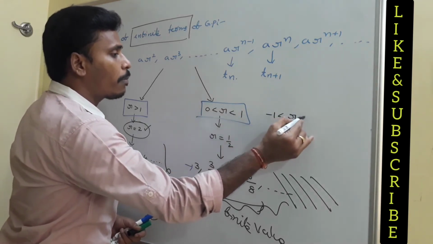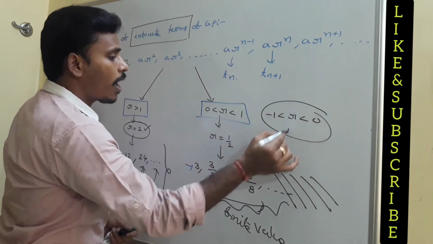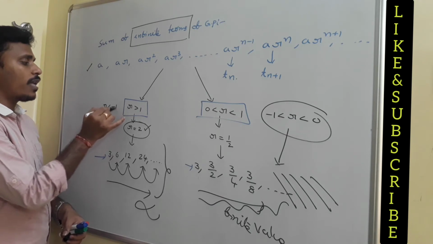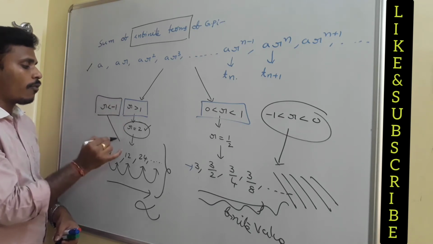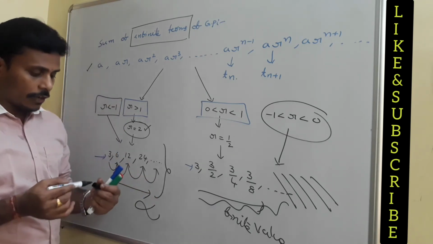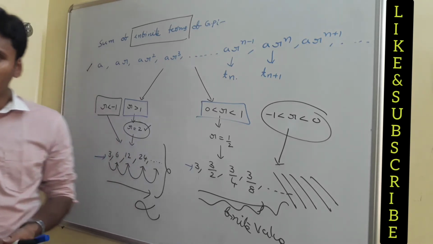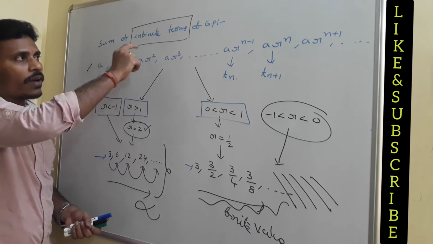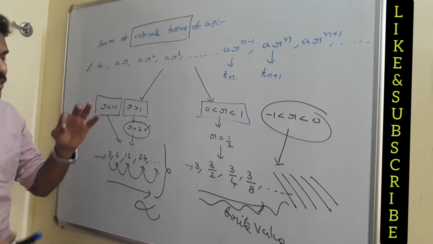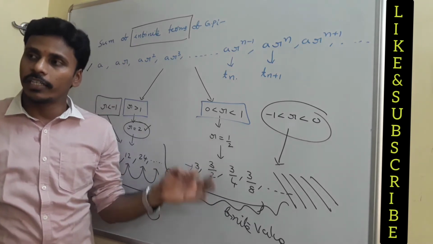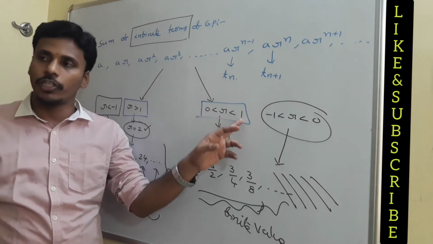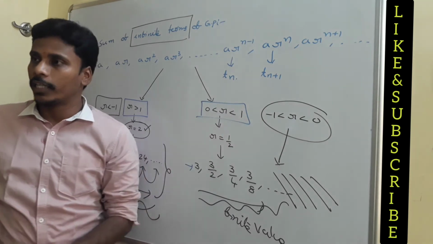If R is in between -1 and 0 also, you have a finite value for the infinite terms. If the R value is less than -1, then also the sum of infinite terms is infinity. I am concluding this discussion: the sum of infinite terms of the geometric progression exists, and its answer is a finite value, only if the common ratio is in between 0 and 1 or in between -1 and 0.